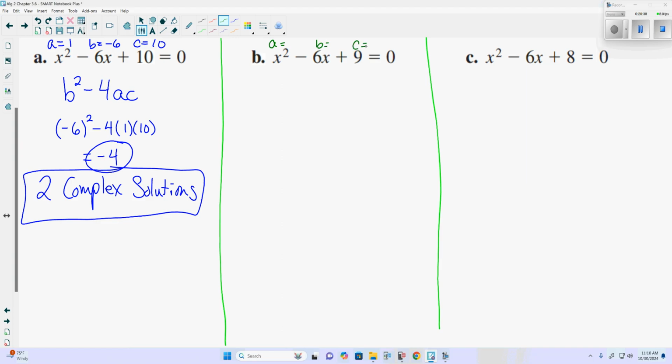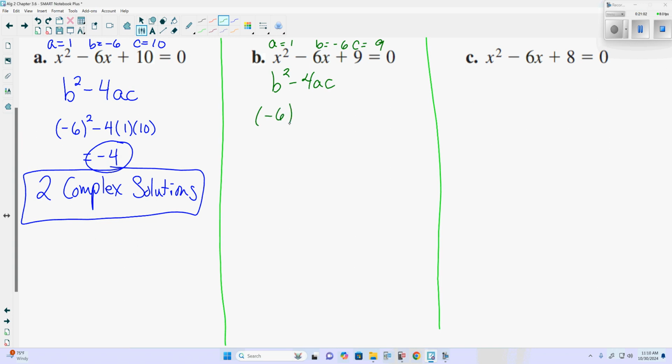Now, if doing this here, it's not equal to 0, we need to get it equal to 0 for us to find A, B, C, and then be able to plug this in. Now here the value of A is 1, the value of B is negative 6, C is 9. B squared minus 4AC.